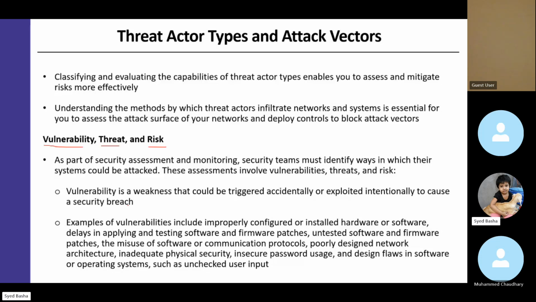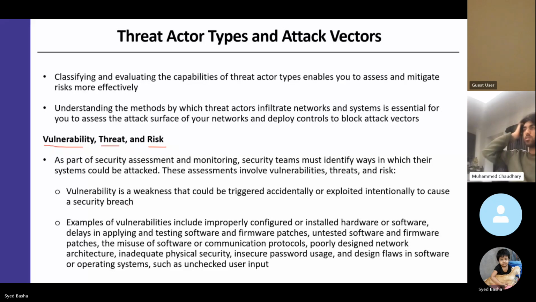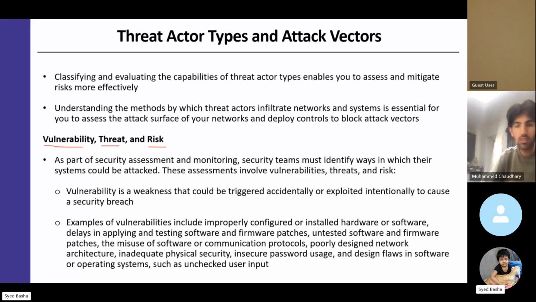Let's say you are running Windows 7 on your laptop. Is your laptop vulnerable? Yeah, it is vulnerable. Why? Because there are no security updates for Windows 7 anymore. Absolutely fantastic. So that's a weakness.